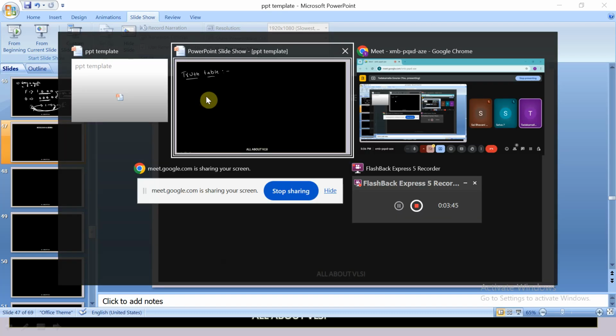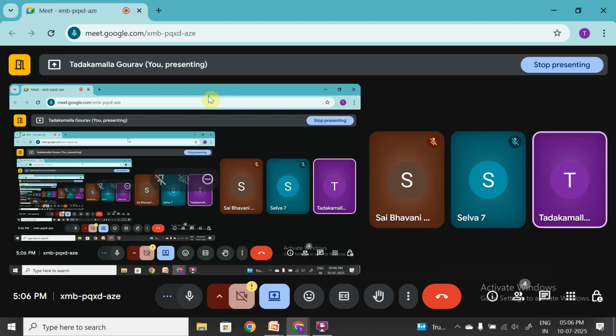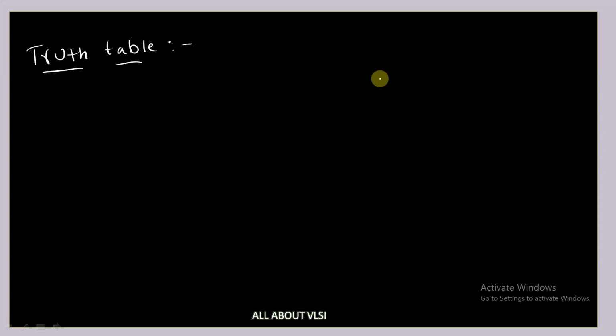Now, we have one more terminology. I hope you're already aware of this. The term is truth table. So what do you mean by truth table? I know it's a simple basic question, but just to confirm, what do you mean by truth table?